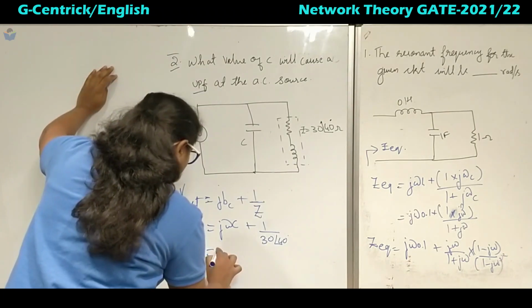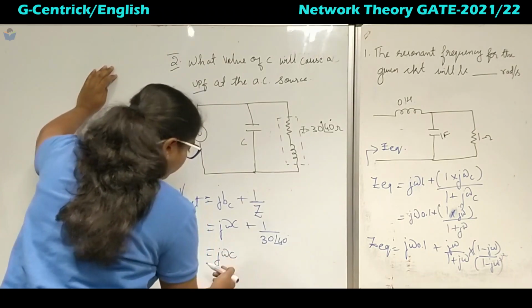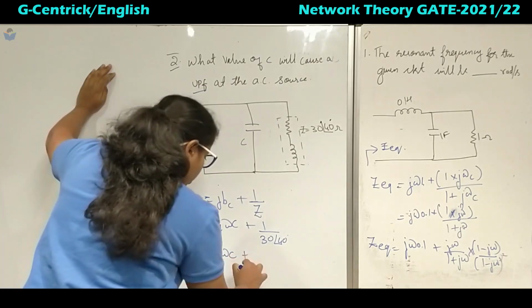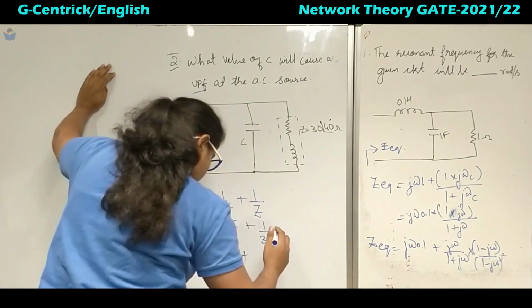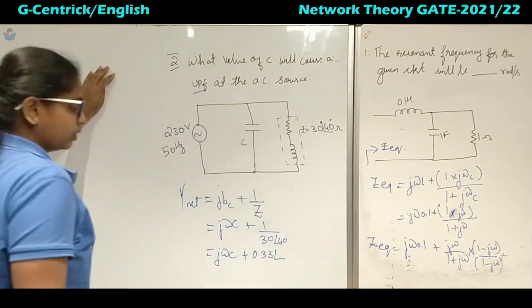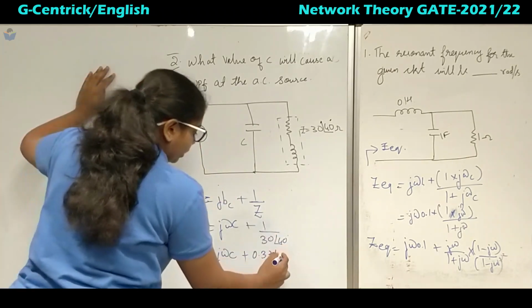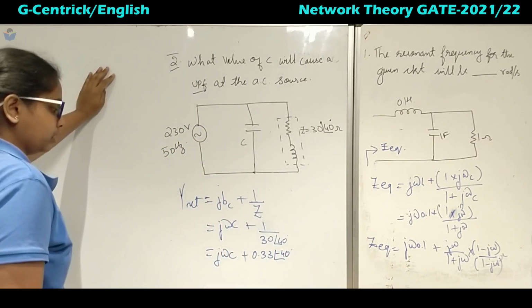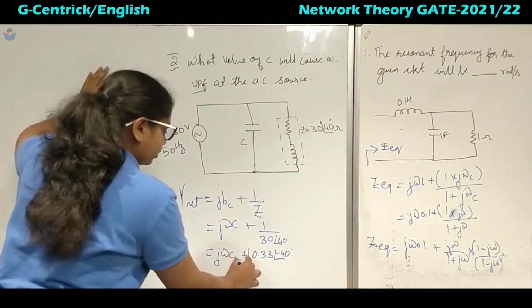Here j omega C is j 2 pi f C; you can later change it into 2 pi f. So 1 by 30 will be 0.33. And this 40, when it goes up, it will be minus 40 degrees. Now we will expand this term.